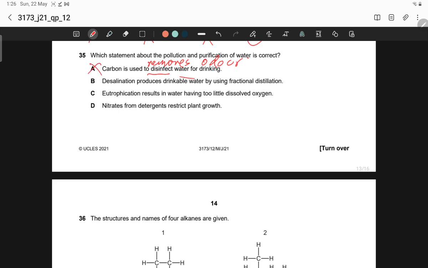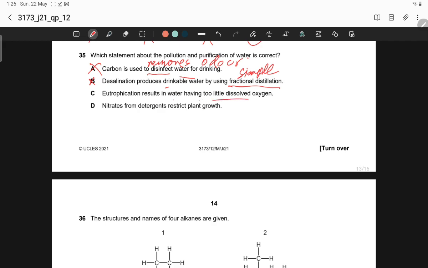This is incorrect. Desalination produces drinkable water by using fractional distillation. Desalination produces drinkable water not by fractional distillation but by simple distillation. So this is also incorrect.